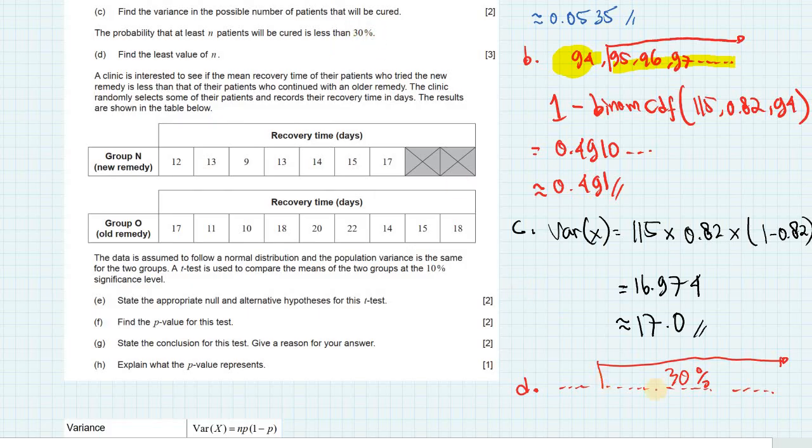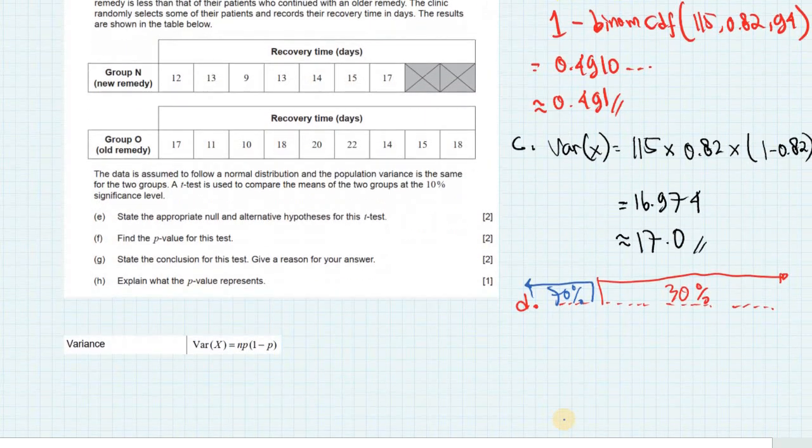Now, since my calculator calculates from the left, the one that I can calculate is this one instead, which is 0.7 or 70%. So the one that I can calculate with my calculator is the 70% one.